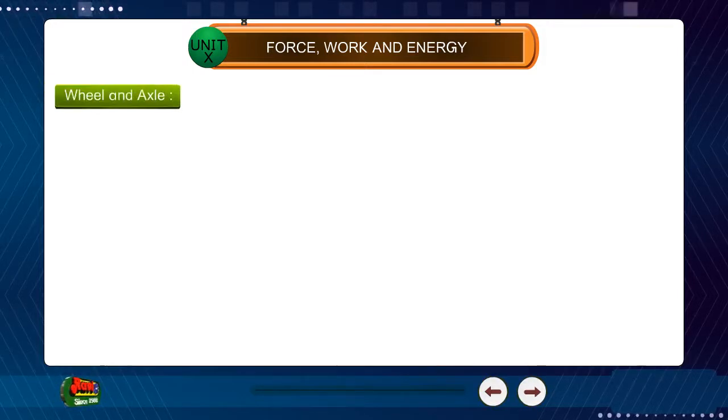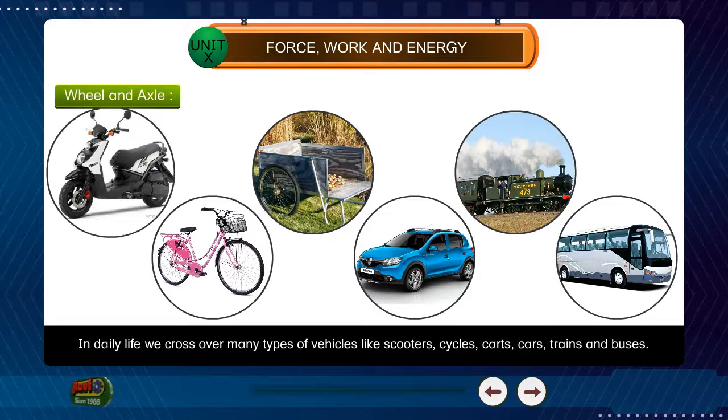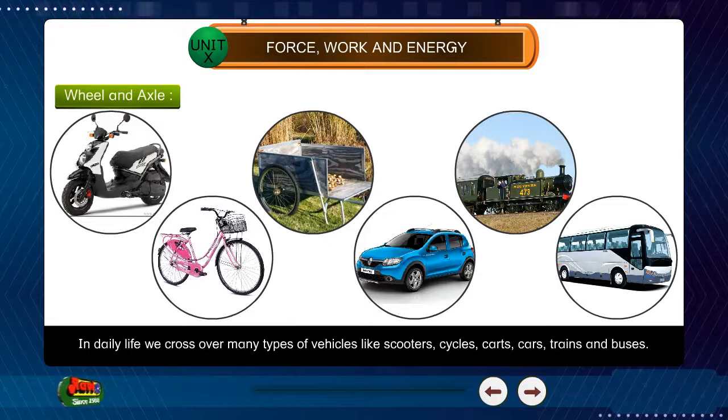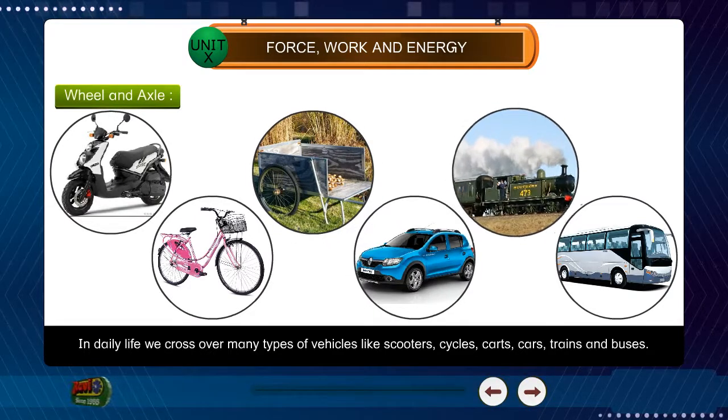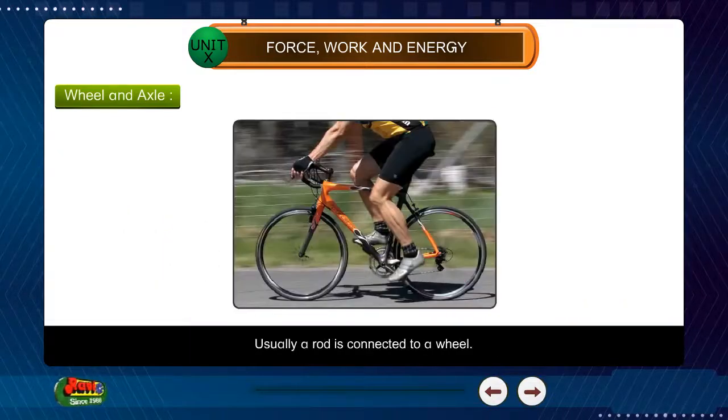Wheel and axle. In daily life, we come across many types of vehicles like scooters, cycles, cars, trains, and buses. Usually a rod is connected to a wheel.